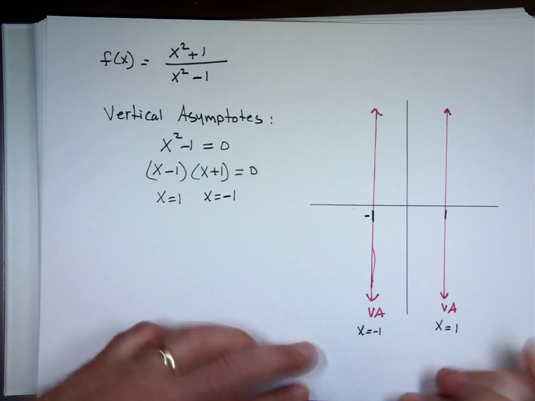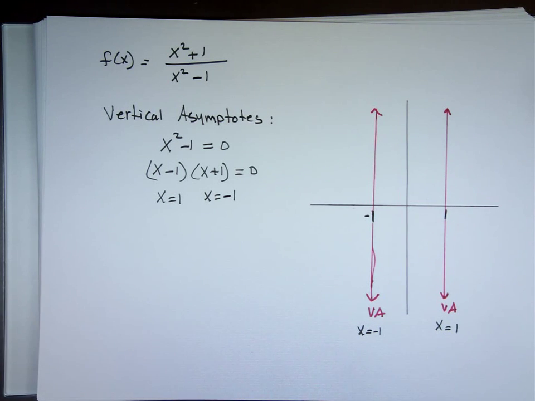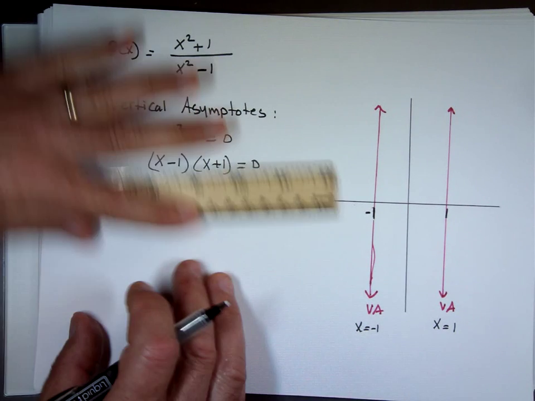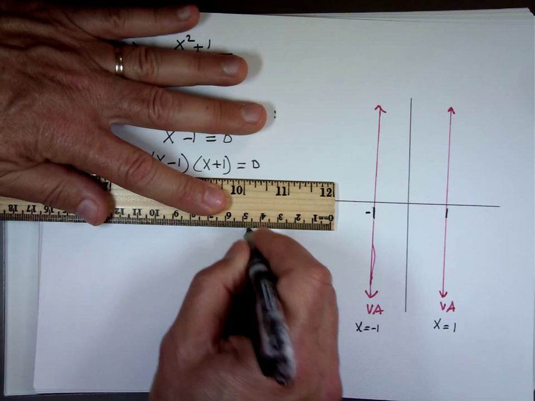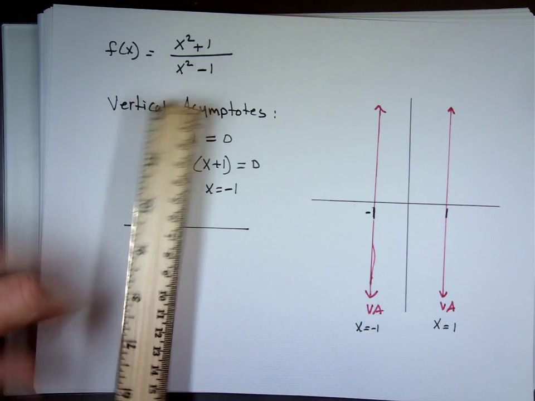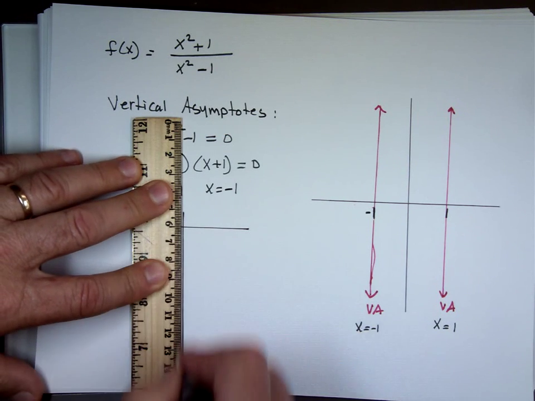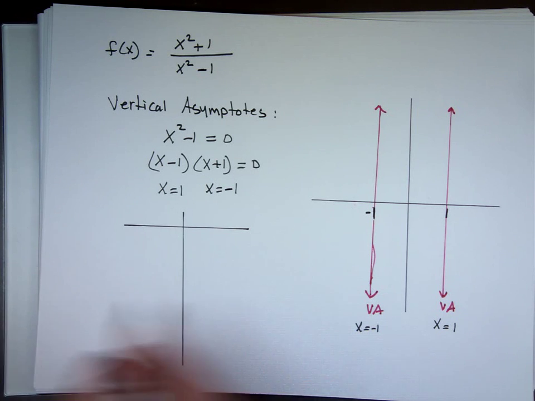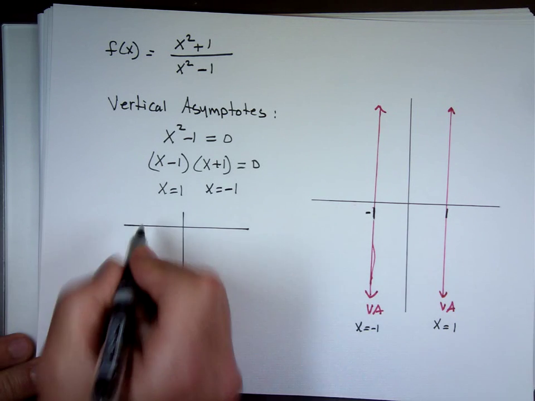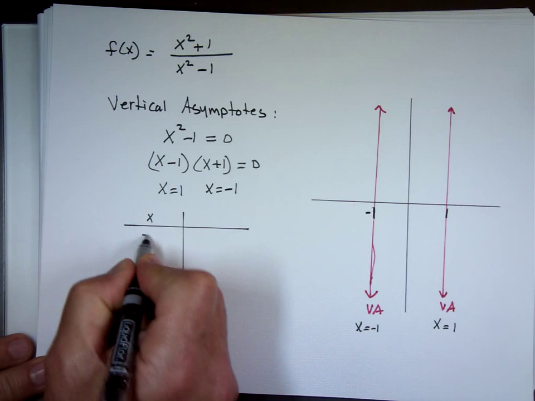And to graph it, I just need to pick a few points. X versus y. I'm going to take points in each piece, and we'll see if we can manage to graph it. Let me try to the left of minus 1, maybe the minus 2 and the minus 3.